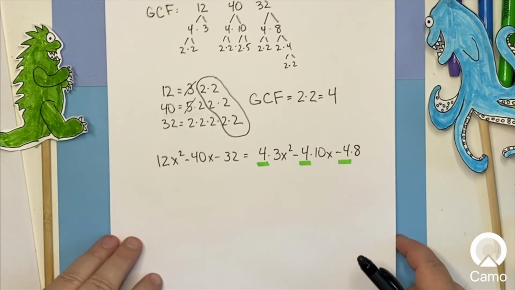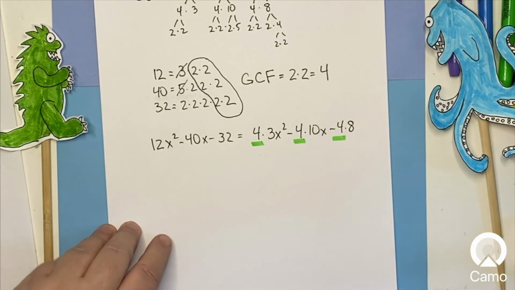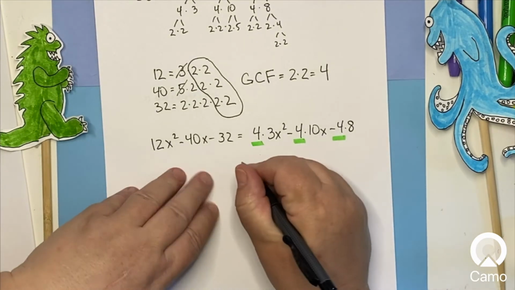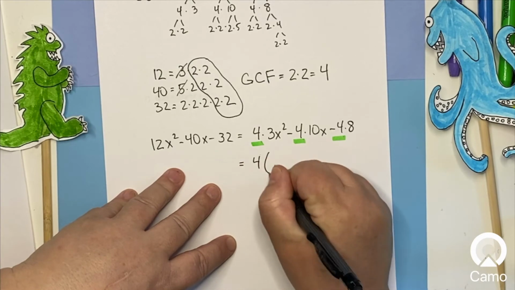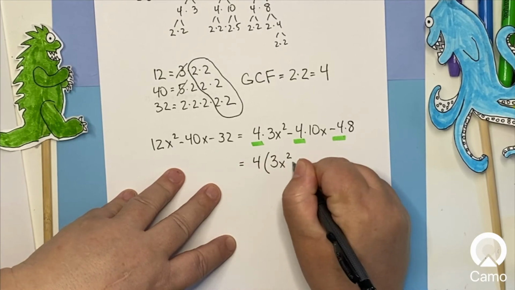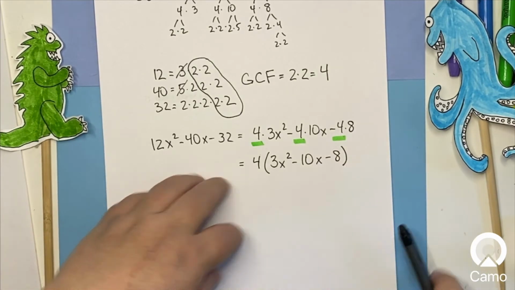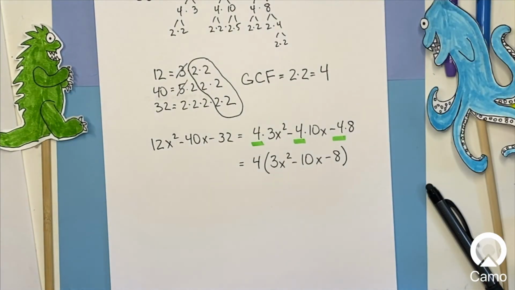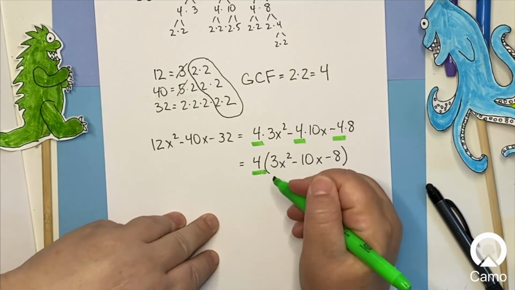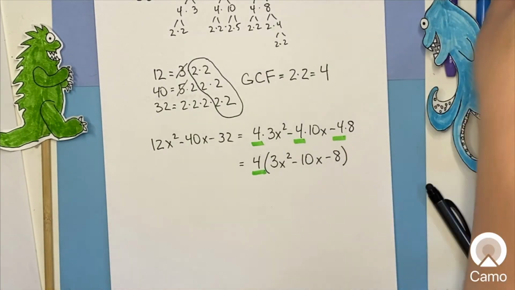But let's continue. We had just left our heroes and they had come up with a common factor, which means we had 4 times the quantity 3x squared minus 10x minus 8. So that is our new version of this wonderful trinomial.